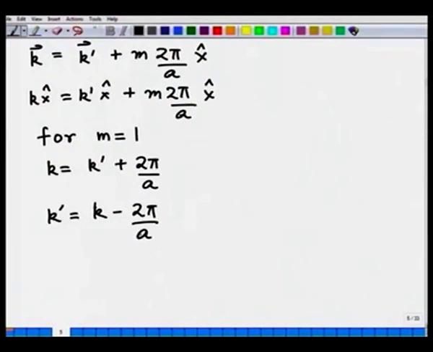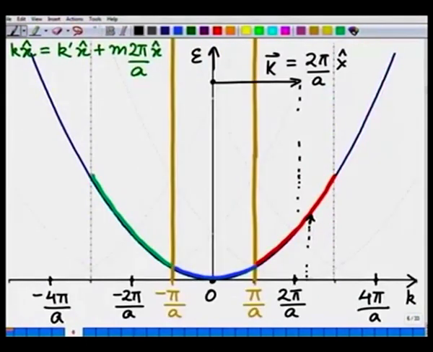Essentially, whatever the k value is, if I subtract out 2 pi by a, then I am basically back in this whole curve. Then the red curve can be represented in here like this.